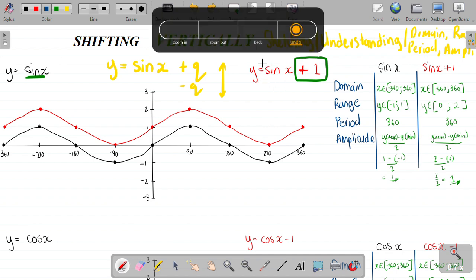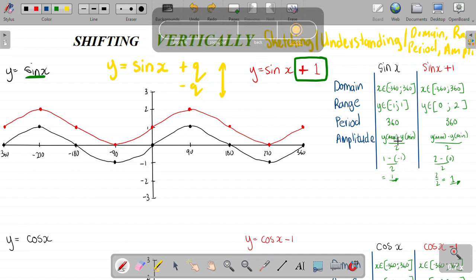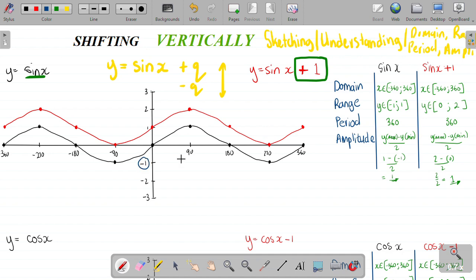So you can just basically get the answer from there. Or I told you that you can use this little formula. So you take the maximum value of the y for the original, so it's 1, and then minus the minimum value, so minus a -1. So that will end up becoming 1 plus 1 is 2, so 2 divided by 2 is 1, and you get your final answer anyway.